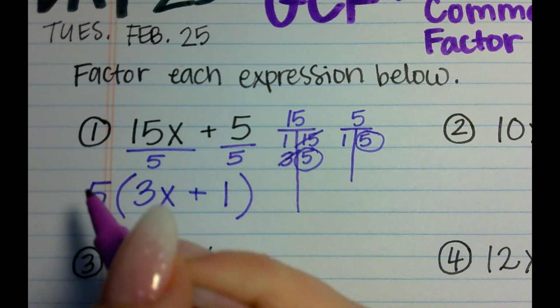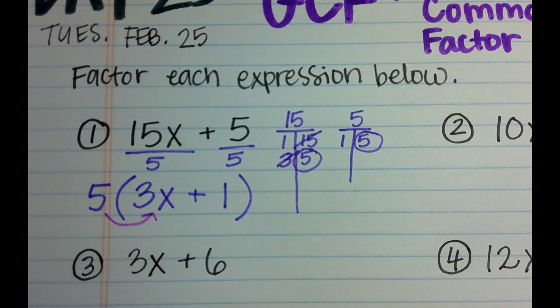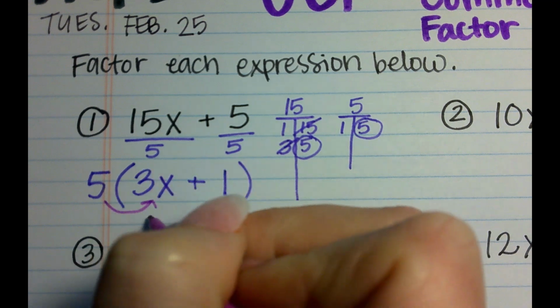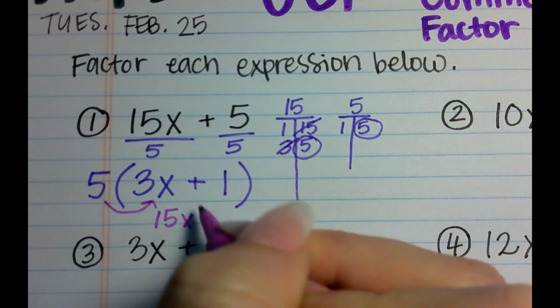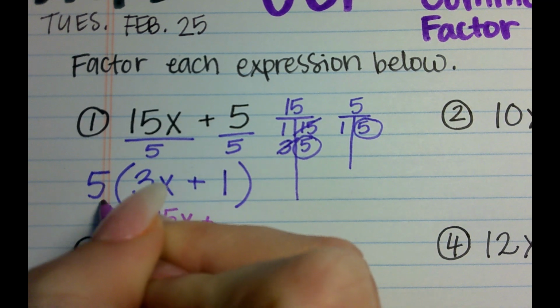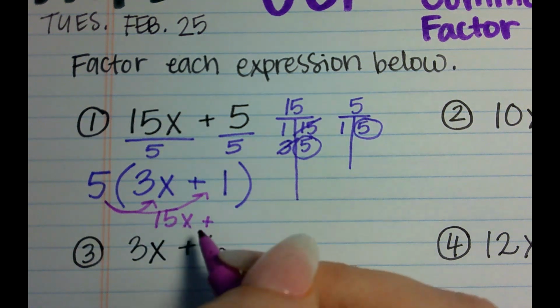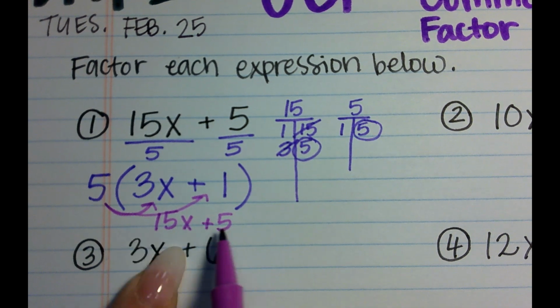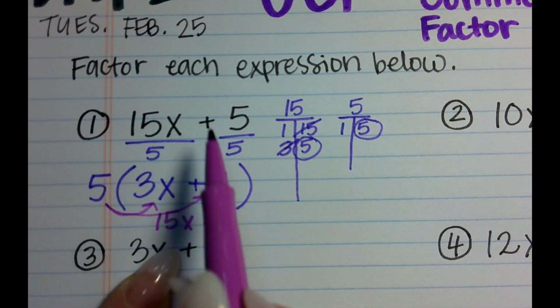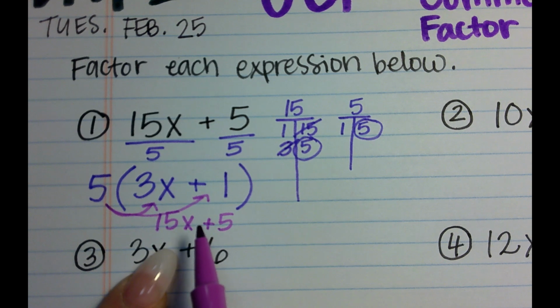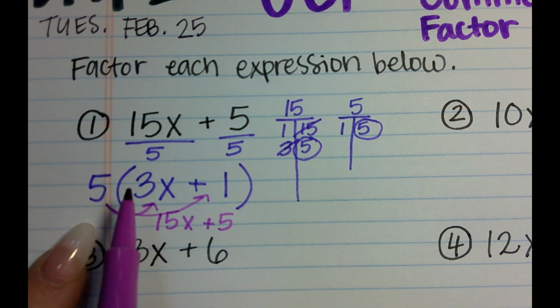So let's double check. What is 5 times 3x? 15x. Plus, what is 5 times 1? 5. Look at that. It worked. We're just doing distribution in reverse. And that was on the video.